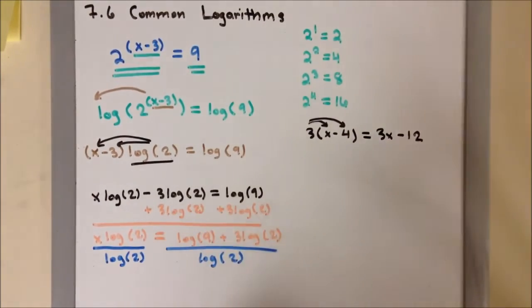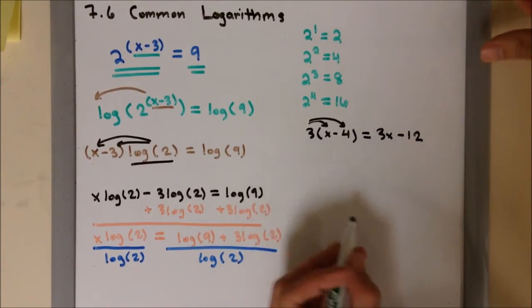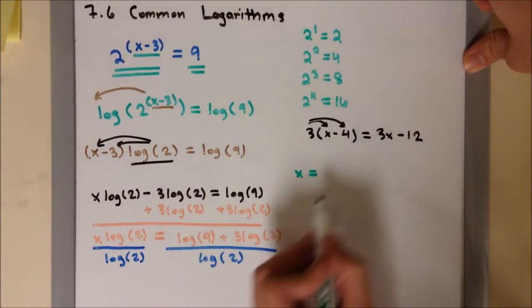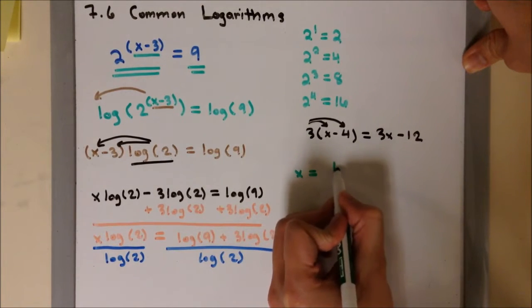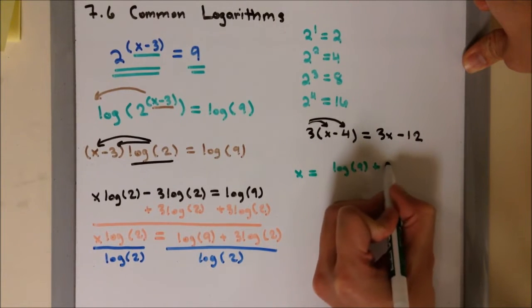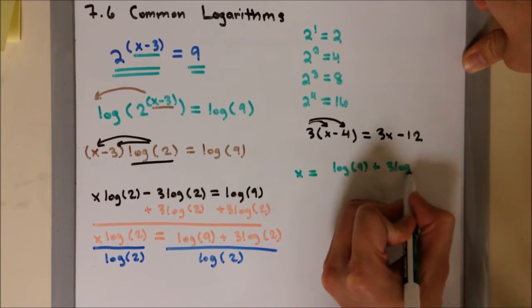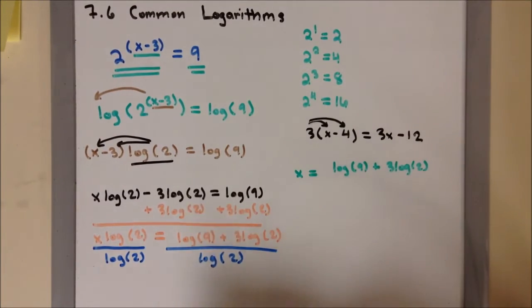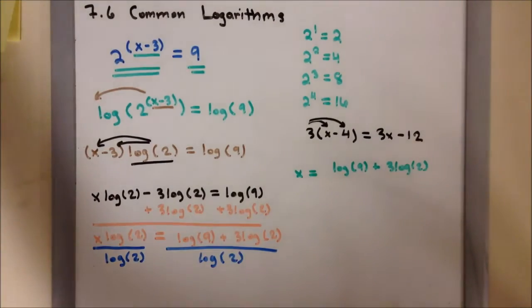Alright, so this is what it's going to look like. X equal, now my numerator, it's log of 9 plus 3 log of 2. So for the numerator, I'm going to include a set of parentheses.